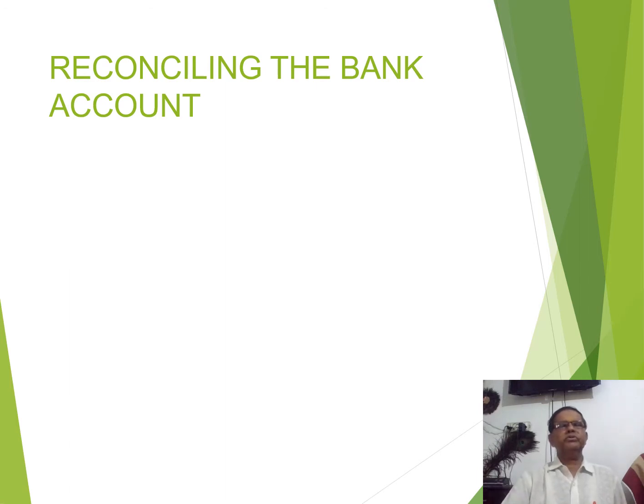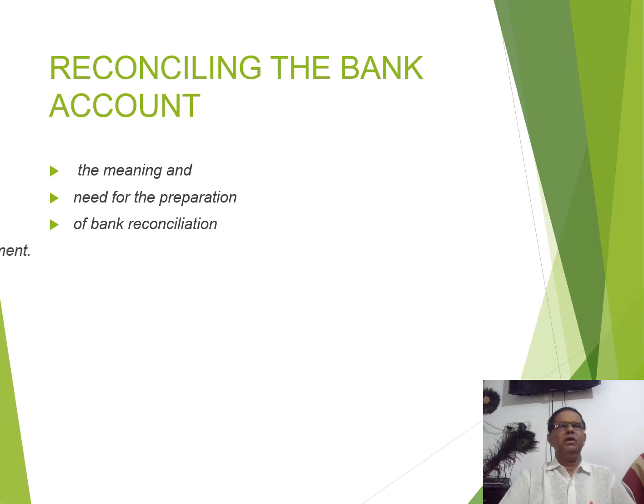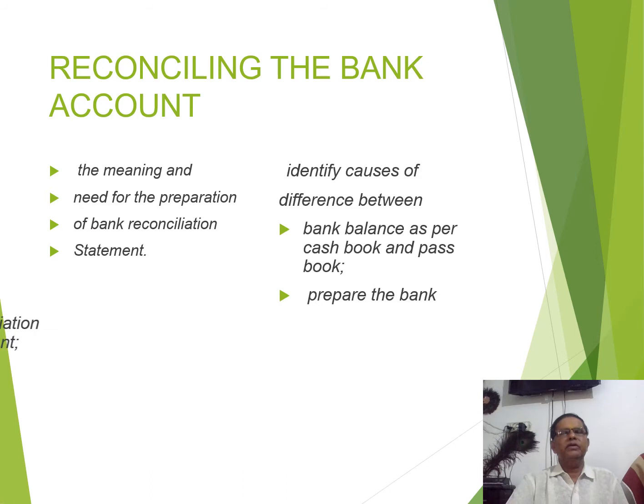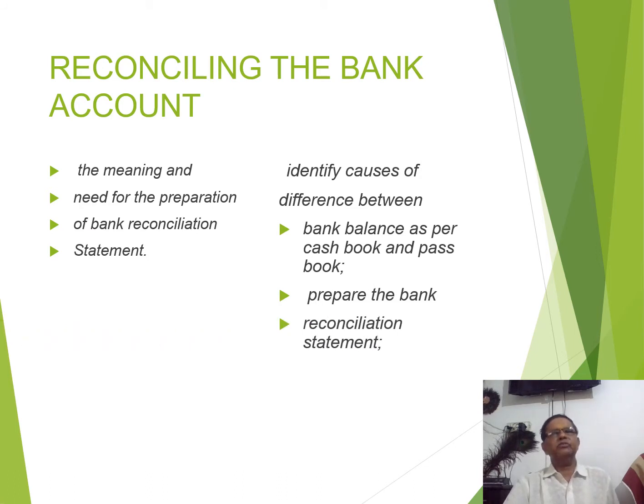So today we are proceeding to the other parts of basic accounting, that is reconciling the bank account. It is very important in any business organization because we are maintaining different sets of books, cash book and bank account.